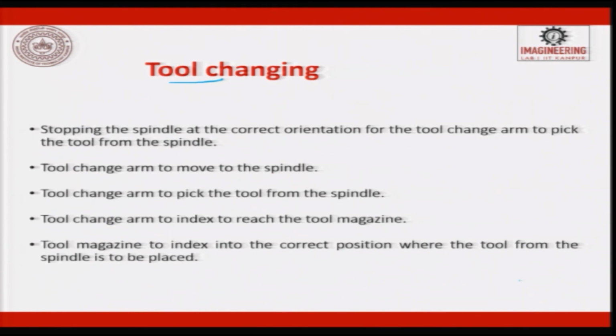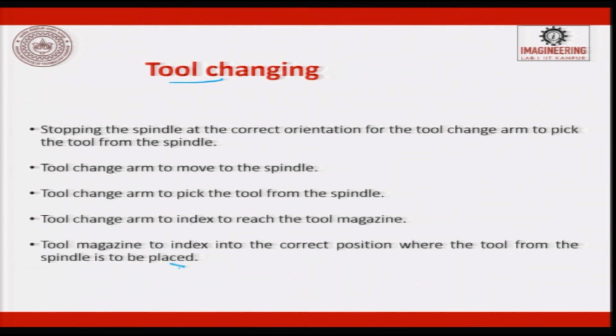Tool changing: stop the spindle at the correct orientation for the tool change arm to pick up the tool from the spindle. These are the steps involved. The tool change arm moves to the spindle, then picks the tool from the spindle, then indexes to reach the tool magazine. The tool magazine indexes into the correct position where the tool from the spindle is to be placed.